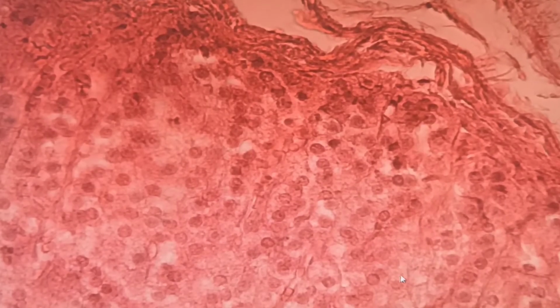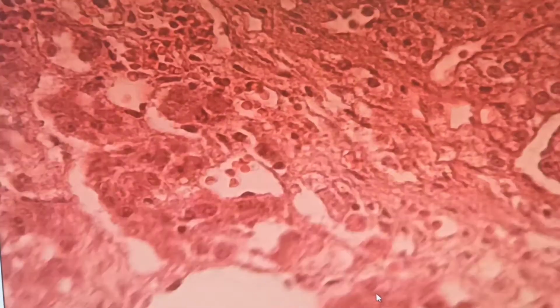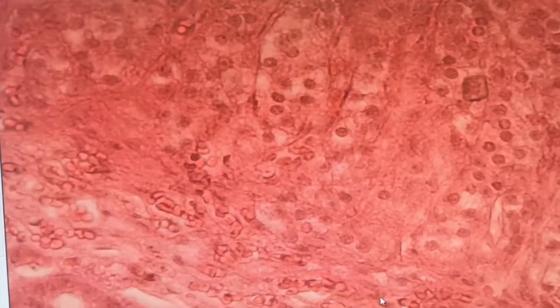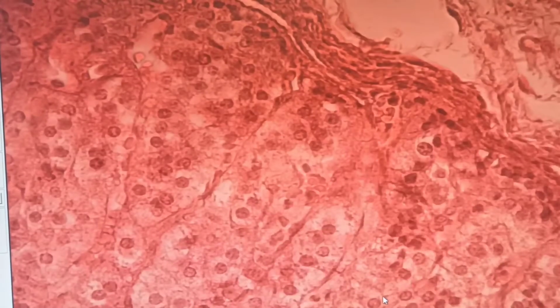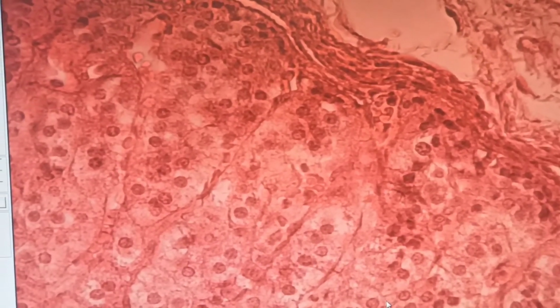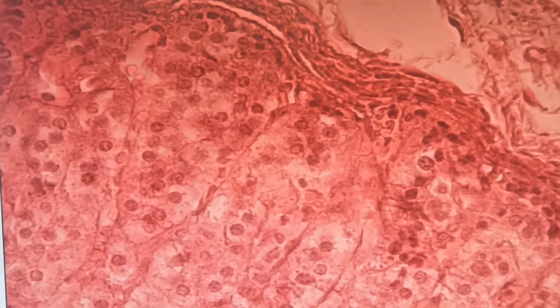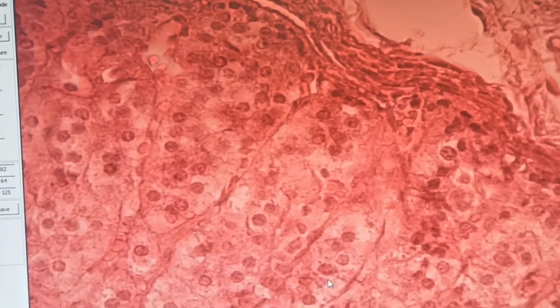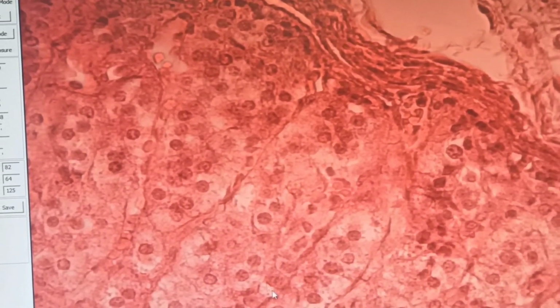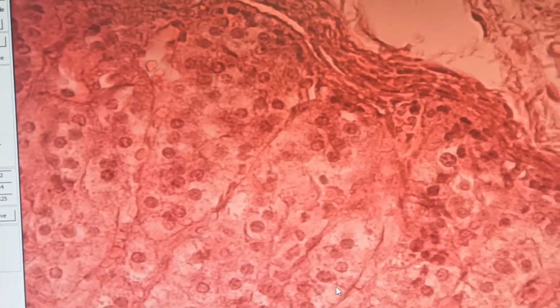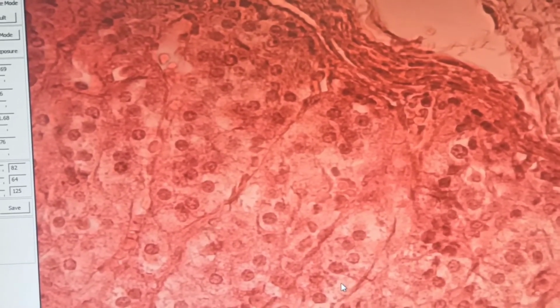If it has two rows of cells, it is zona fasciculata with lipid drops in it actually.